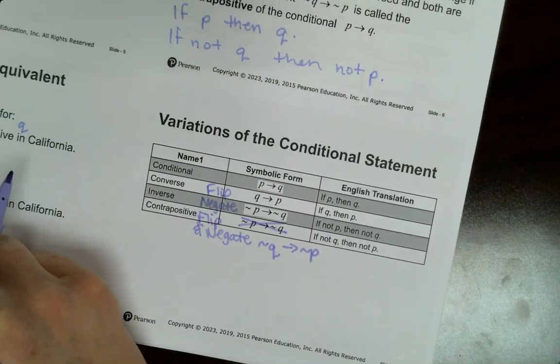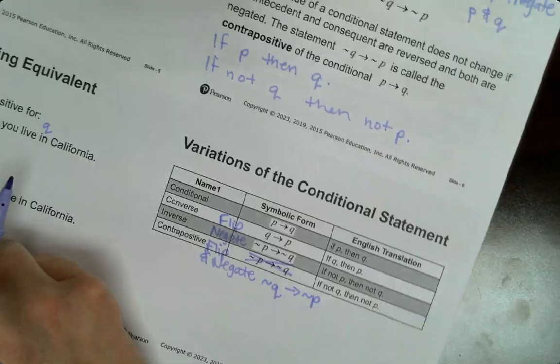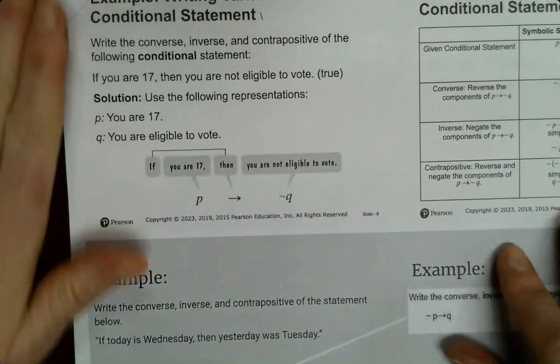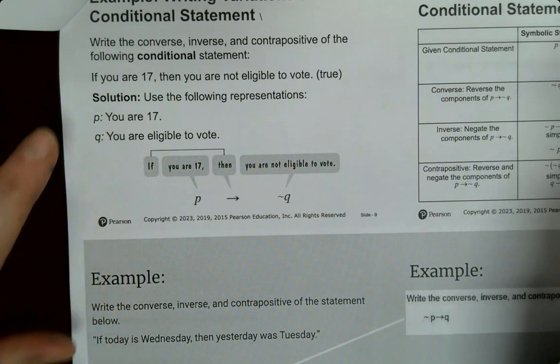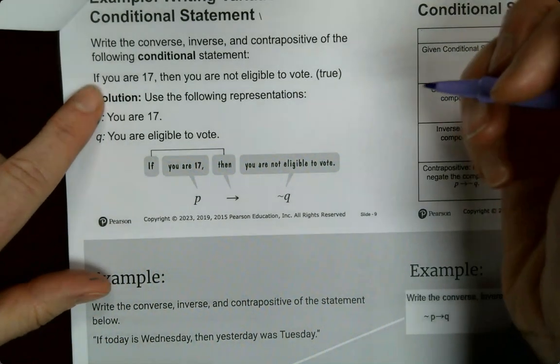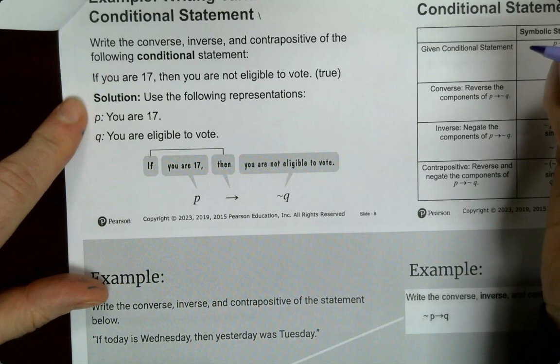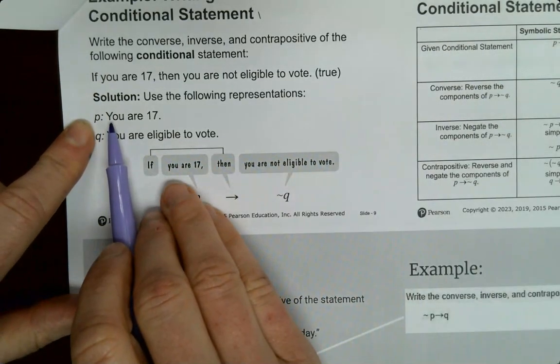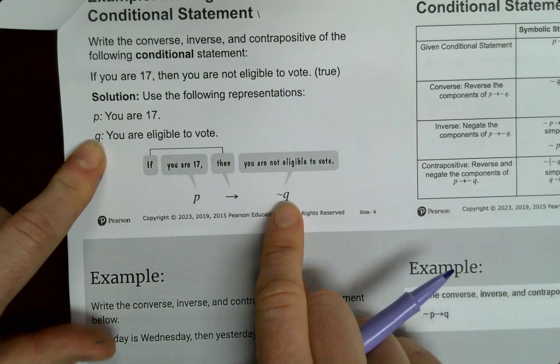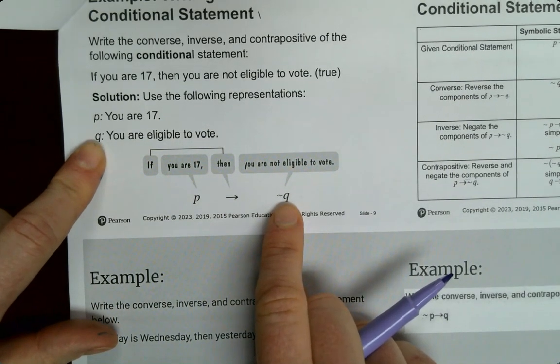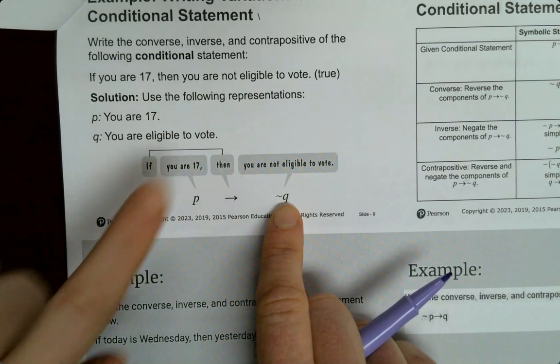All right, let's look at another example. Write the converse, inverse, and contrapositive. If you are 17, then you are not eligible to vote. So P is you're 17, Q is you're eligible to vote. They had to negate it because it says you're not eligible to vote.